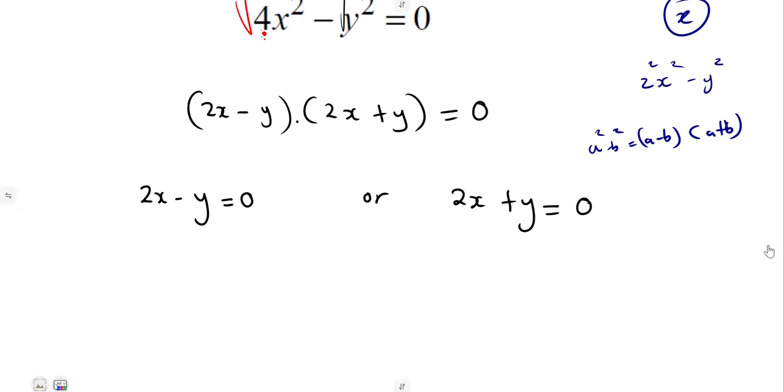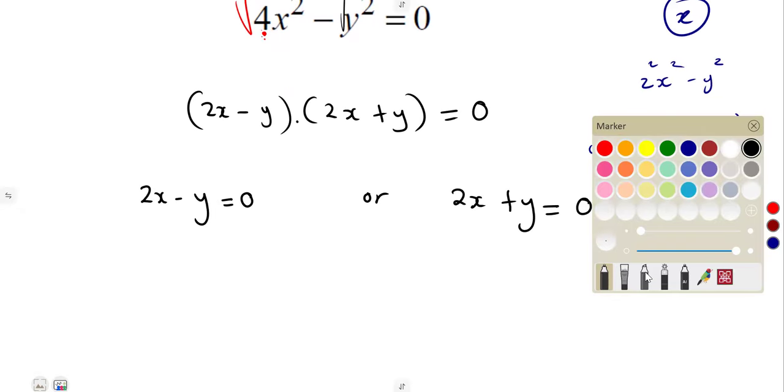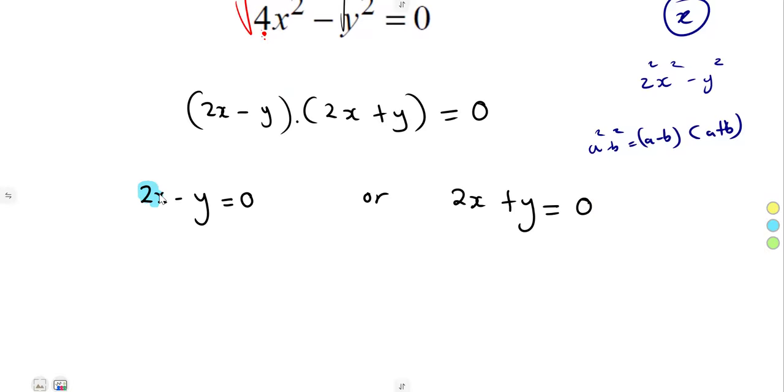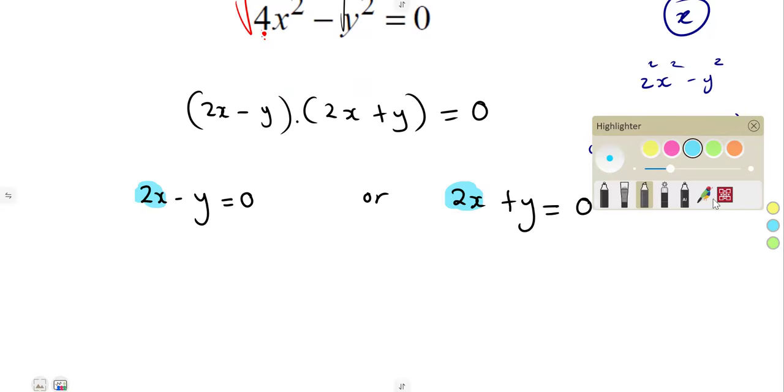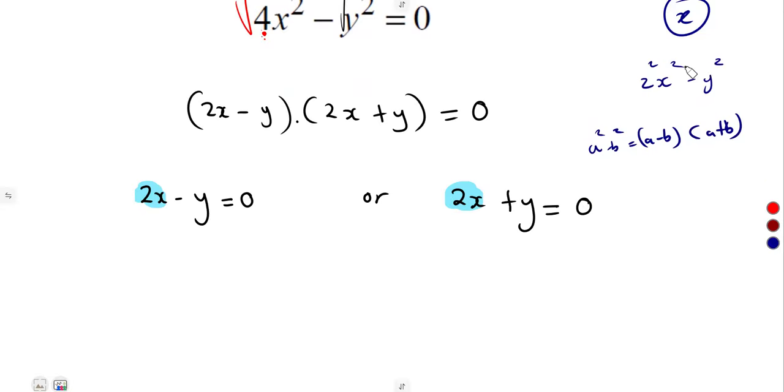So 2x from the first one is the only term which contains x. Here, there is the only term also which contains x. So 2x will be equal to what? I take the minus y to the other side because we do not have x here. The moment it jumps, it changes the sign, it's now a positive. So 0 plus y is equal to y. So 2x is equal to y.